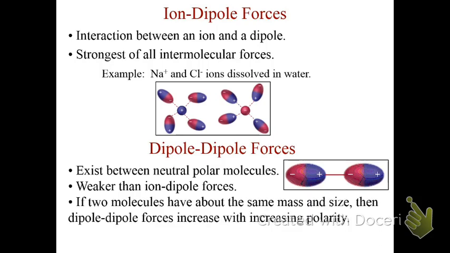If two molecules have about the same mass and size, then the dipole-dipole forces will increase with the polarity increasing. So as long as they're about the same size, as the polarity increases, the strength between them will also increase.